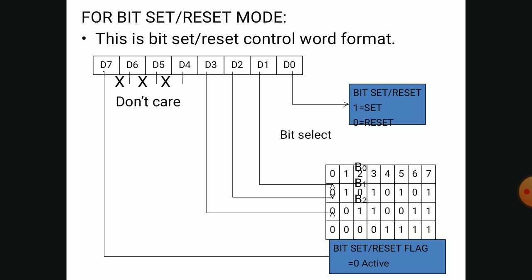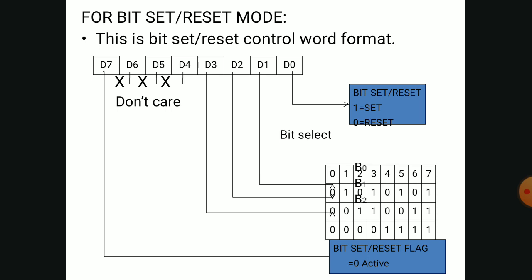Suppose D3, D2, D1 is 000. It means that it is selecting PC0. If it is 001, it means that it is selecting PC1. Likewise, for bit selection we use these D3, D2 and D1 bits. D0 bit is used for indicating, for whichever bit we selected, whether we need to set or reset that bit.